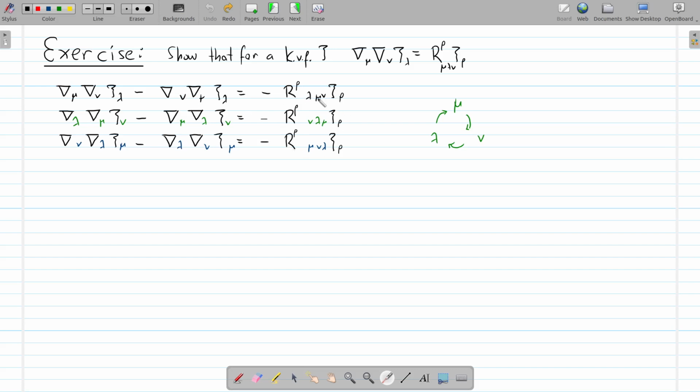And the one that involves the Riemann tensor has the 2 last indices here to be the same as the first term of the commutator of the derivatives. So it's mu nu here, it's lambda mu here, it's nu lambda there. Now the rest of the indices are easily placed. The index of the vector here is the first downstairs index of the Riemann tensor, and the other index must be contracted with Xi.